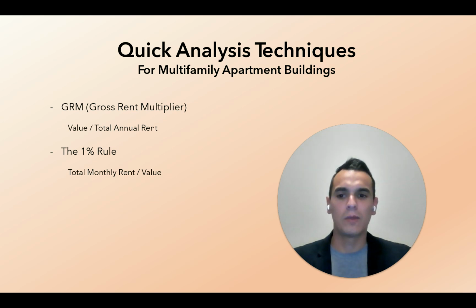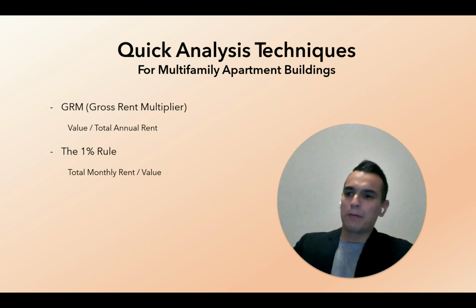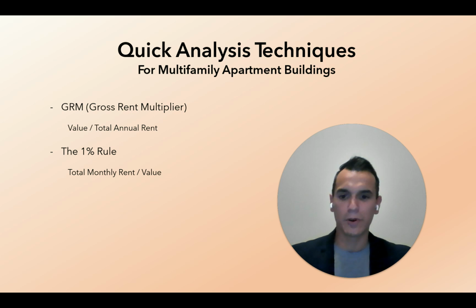Now, this is a common theme between all of these, that we're trying to simplify the deal. The fewer variables we add, the better we can compare deals. So for instance, let's go through a very simple example. We have a 10 unit building, and each unit is $1,000 per month.